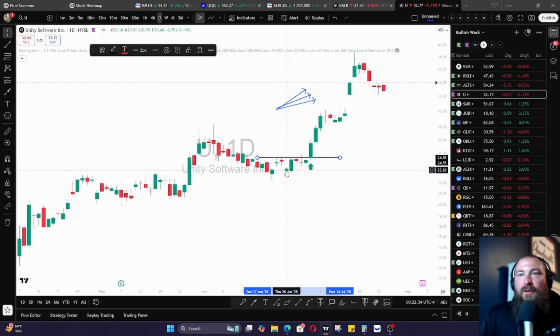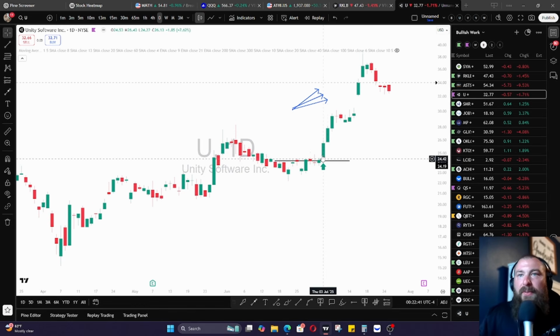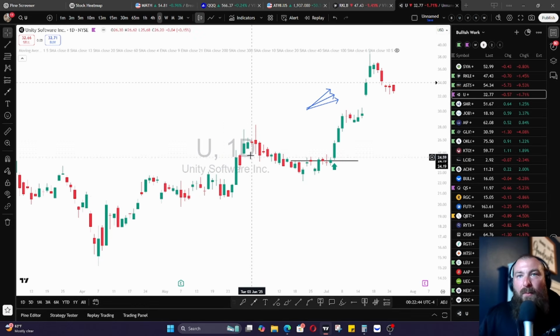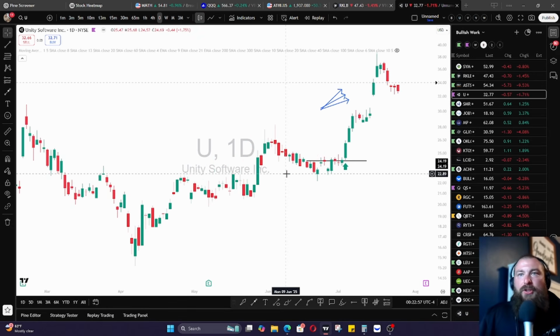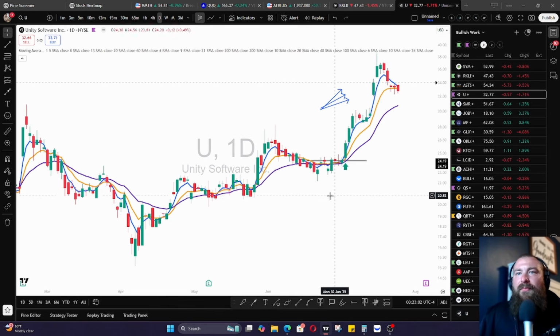This should be on your watch list because this is a momentum leg, a pullback, some tight price action here, 3 to 10 days, and then you have that move out of that consolidation. So whether you're doing it strictly on price or you are using a moving average like the 4, 9, and 21-day moving average, it all works out the same.